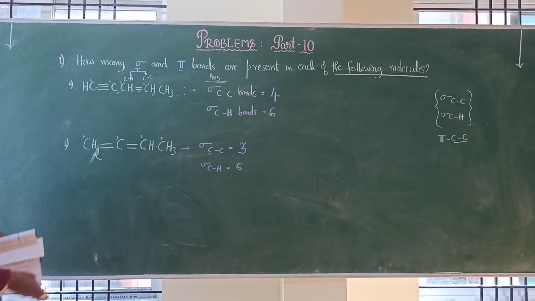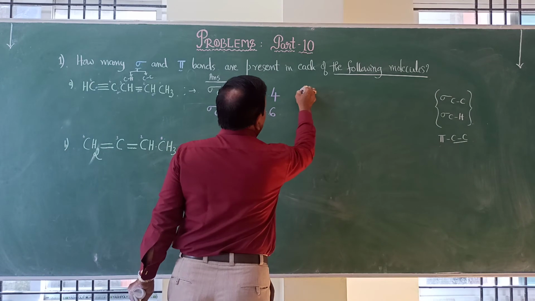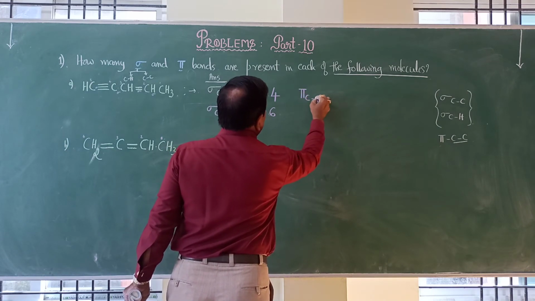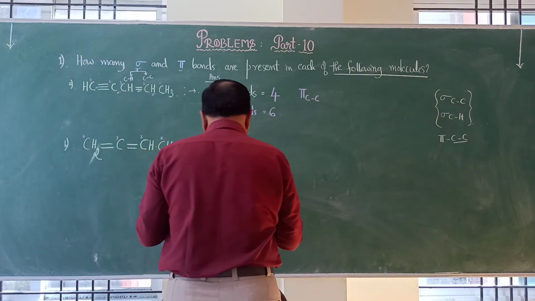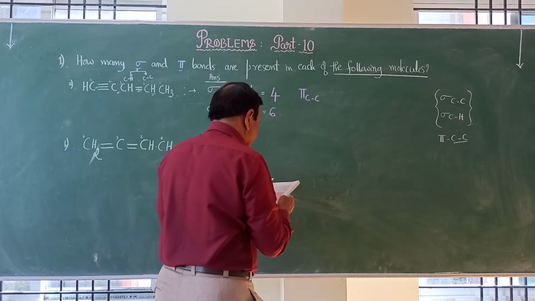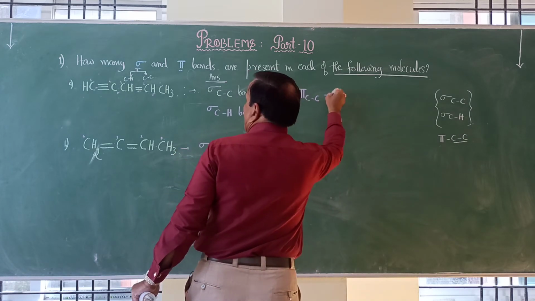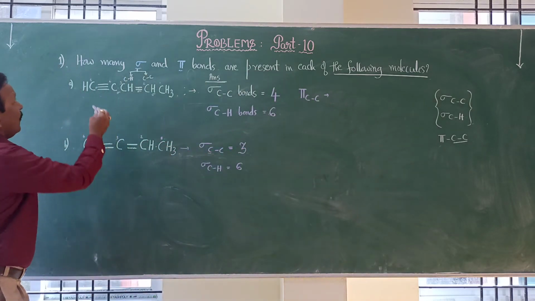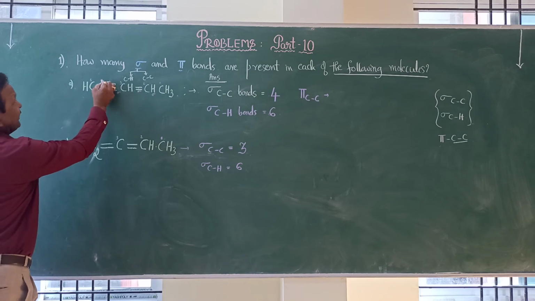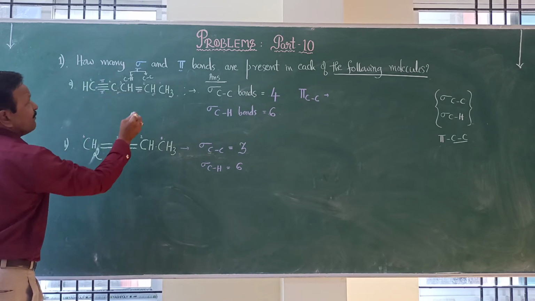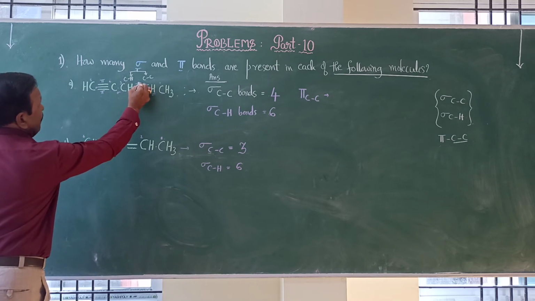Then pi bonds they have asked. So pi should be between carbon and carbon only. Pi bonds are compulsorily present between carbon only. So how many bonds are there? 1. This is pi. This is pi. Triple bond means sigma plus 2 pi.